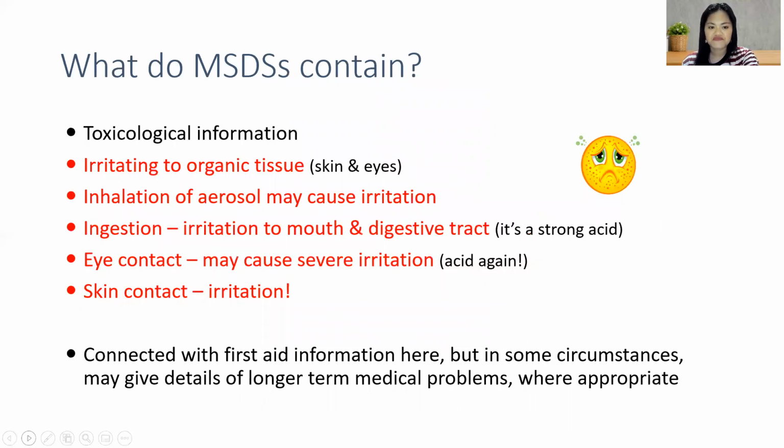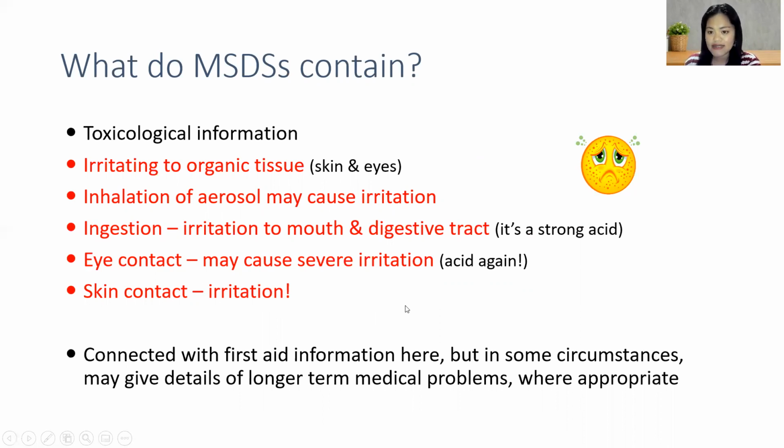Another one is the toxicological information. This is why it is included in the exercise, because this is the most important thing: it may cause toxicity in our skin and our eyes. It informs us of the toxicity when it is ingested or inhaled.